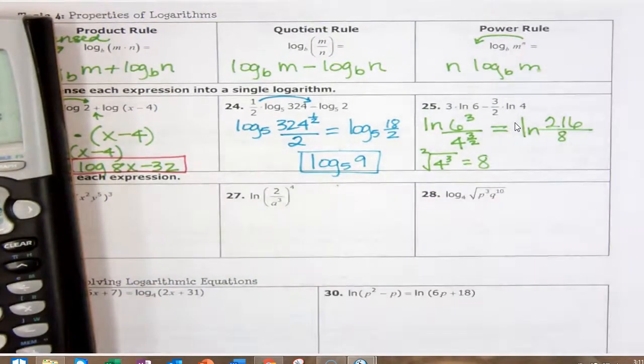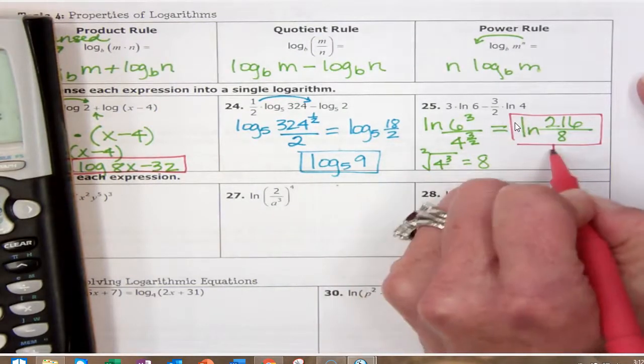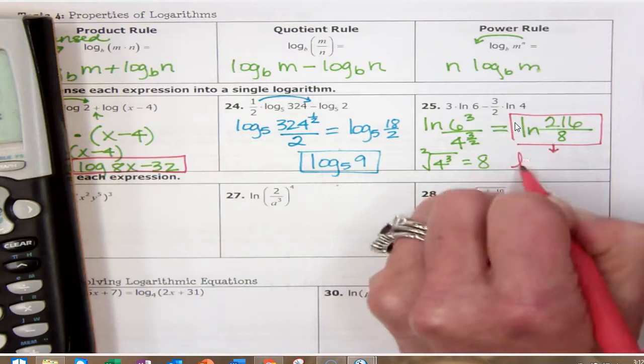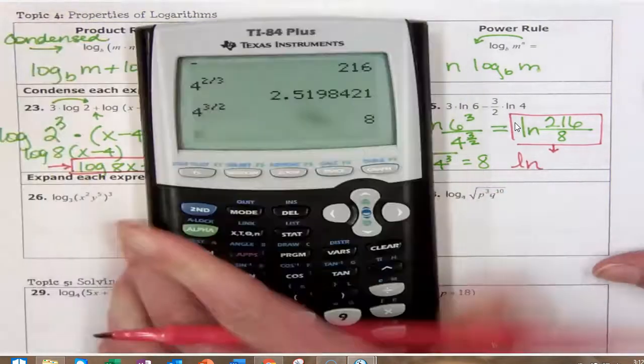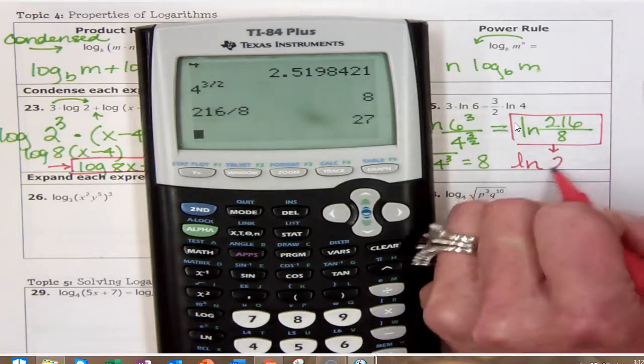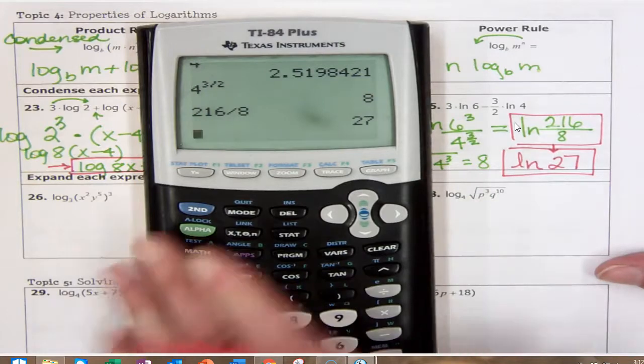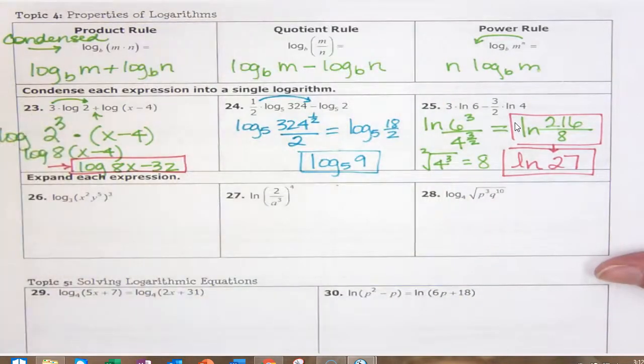So now you bring this down: ln 216 divided by 8 is going to be ln 27. Hopefully you guys are knowing how to do this.